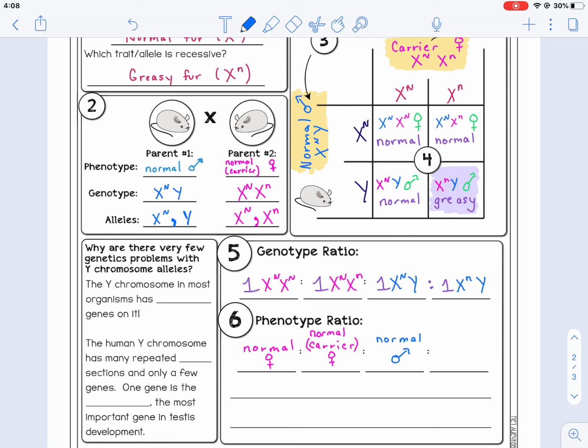And then lastly, we have a genotype that codes for a male with greasy fur, because he only has 1 X chromosome, and on that X chromosome he has the greasy allele.